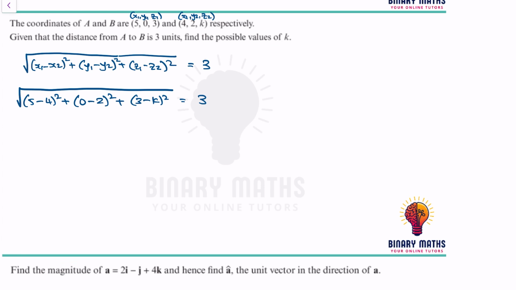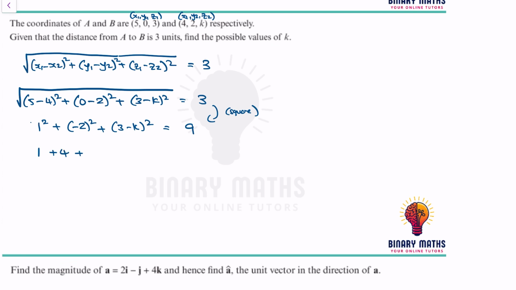Now, I don't like the square root sign, so I'm just going to square both sides. So I end up getting 5 minus 4 squared, which is 1 squared, plus minus 2 squared, plus 3 minus k squared is equal to 9. So I squared both sides. Okay, so I end up getting 1 plus 4.